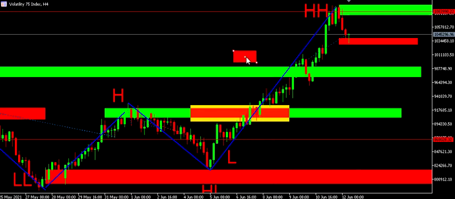So always look out for how price breaks the structure. When you have the development of a lower low, then you have a break of structure to a bearish structure. But when you have a development of higher high like you have around here, that's a break of structure to a bullish structure.